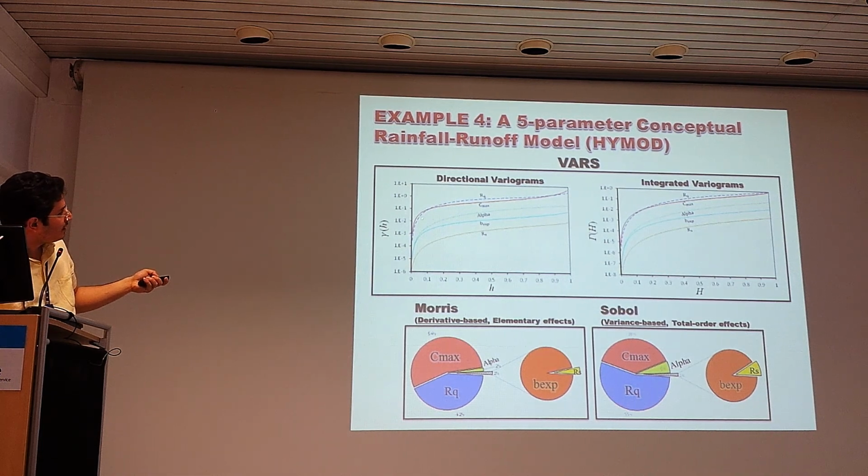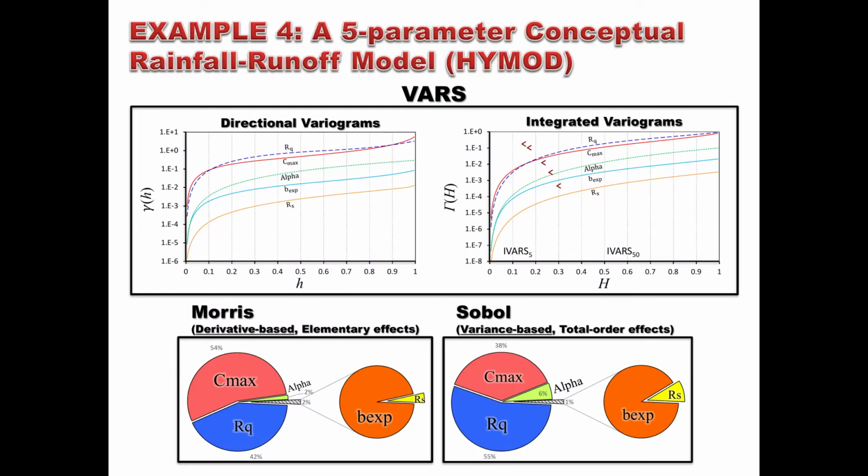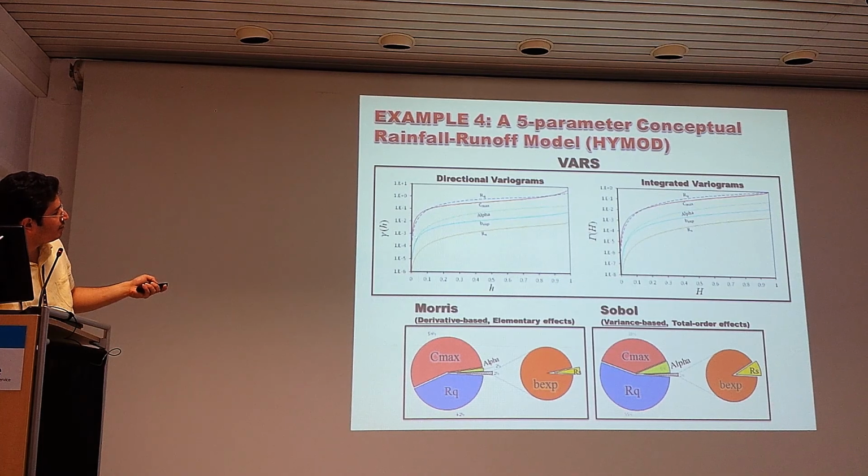So now Cmax and RQ, the two sensitive ones, cross at this point. So early on, for smaller perturbation scales, red is higher, but as you move on, blue becomes more significant. And alpha and B exponential, early on, they are equally sensitive, but for larger values, they diverge.